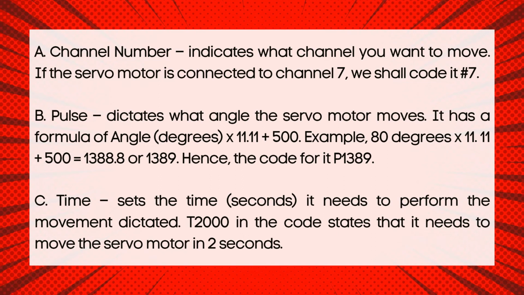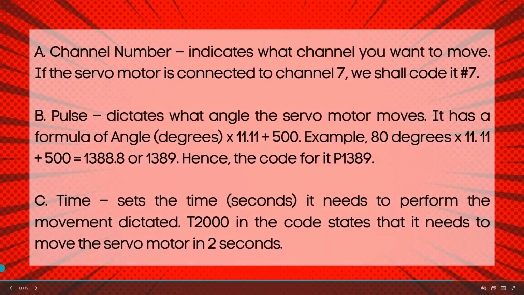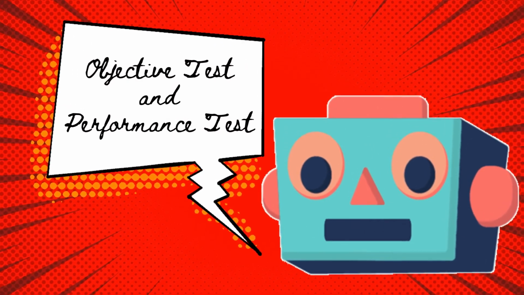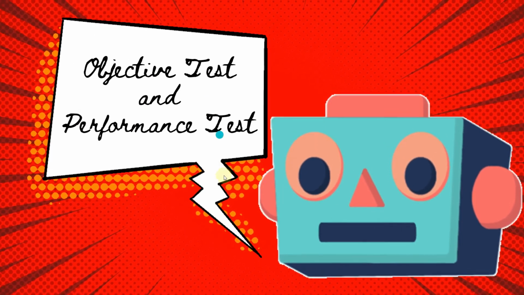So always remember the 3 parts: A, the channel number, B, the pulse, and C, the time. After this, we can now proceed to answering our objective test and performance test.